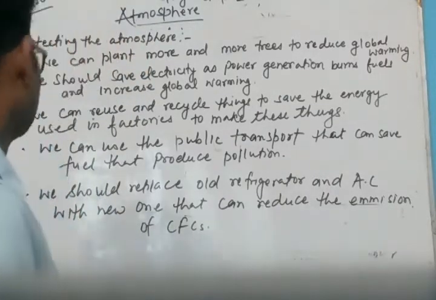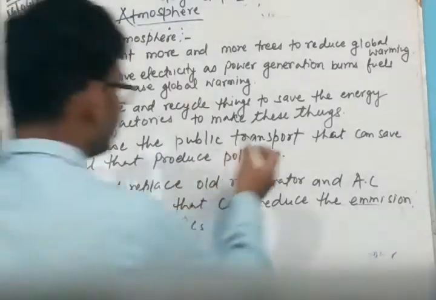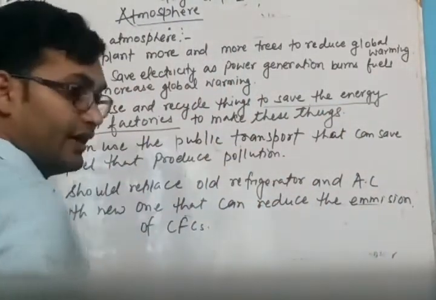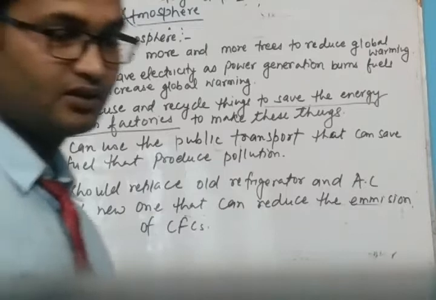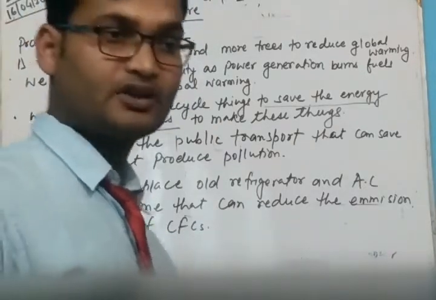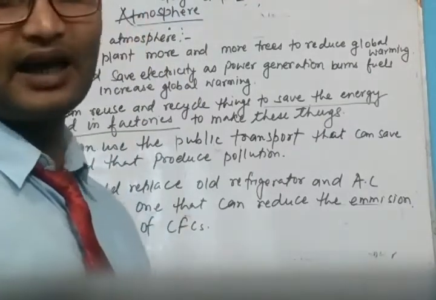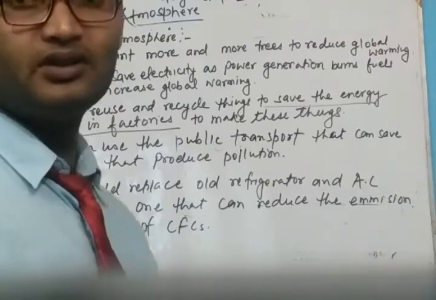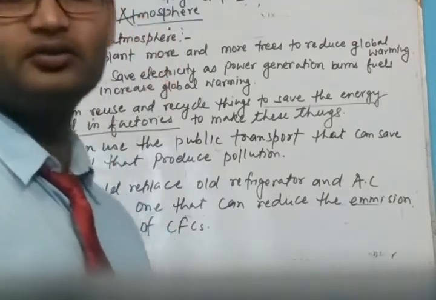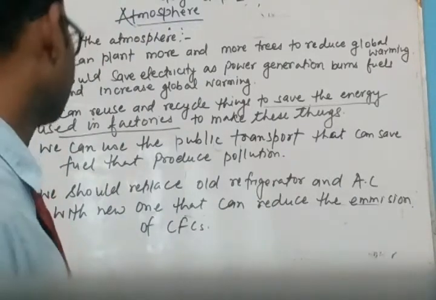Next one, we can reduce and reuse things to save energy used in the factories. Many factories produce a very large amount of carbon dioxide and other gases. They use petroleum and coal, which are very main ingredients in the production of carbon dioxide.